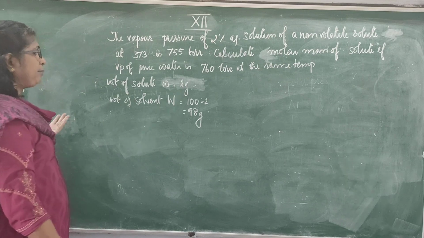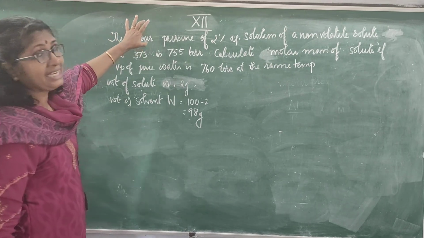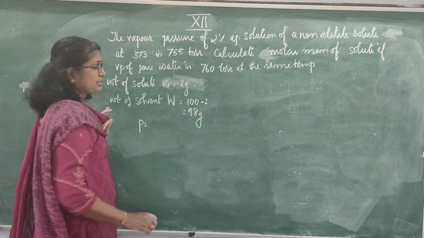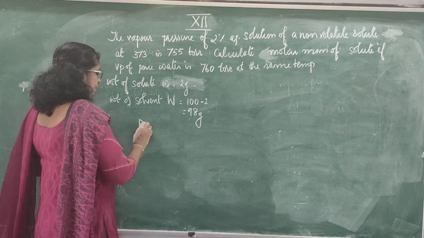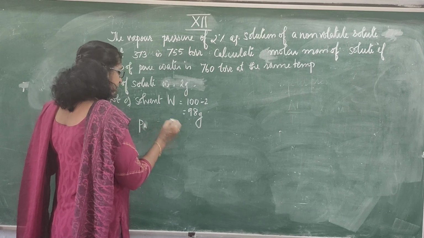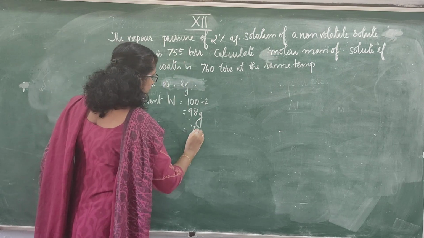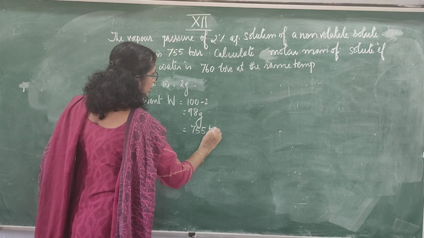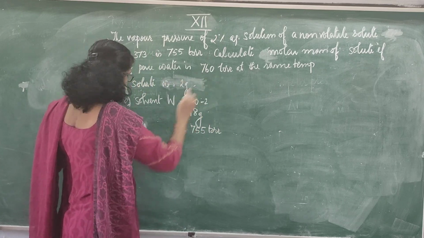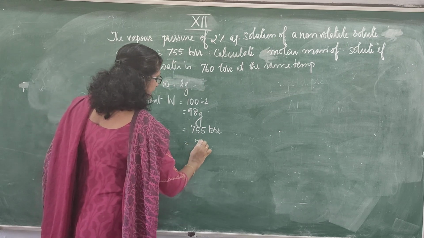So you know small w and capital W. Now what is given? The vapor pressure of a 2% aqueous solution, that is PS is given. Vapor pressure of the solution, instead of that we can write PA or PS, that is equal to 755. Then vapor pressure of pure water is given, that is P naught A, that is equal to 762.